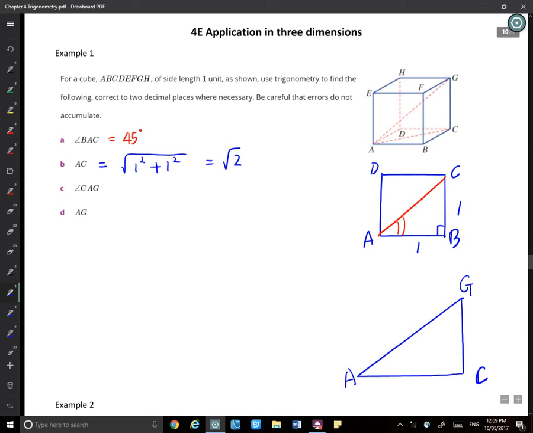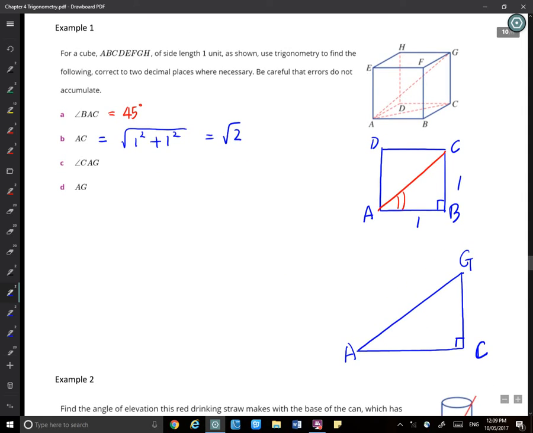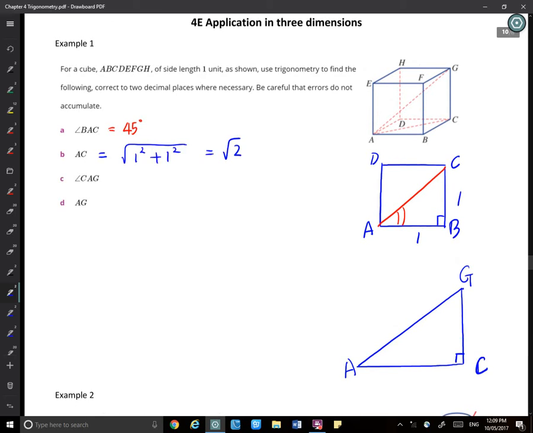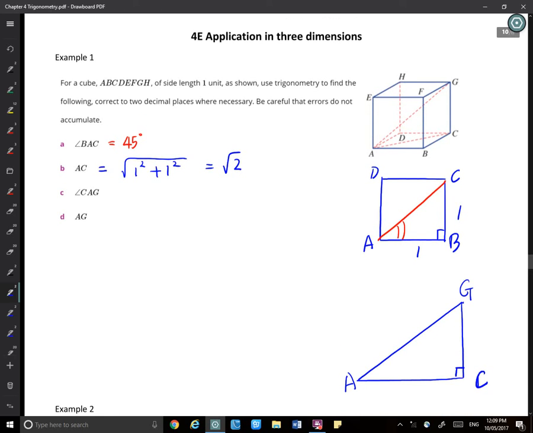GC is perpendicular to AC. Why is GC perpendicular to AC? Because GC is perpendicular to the whole base.